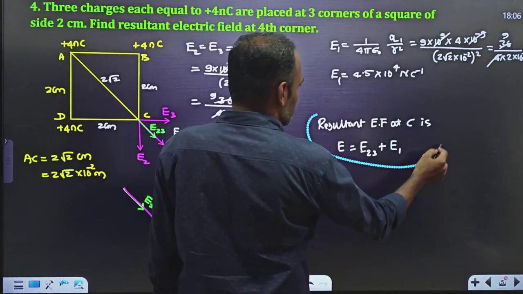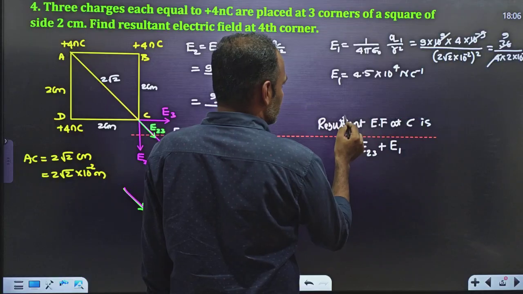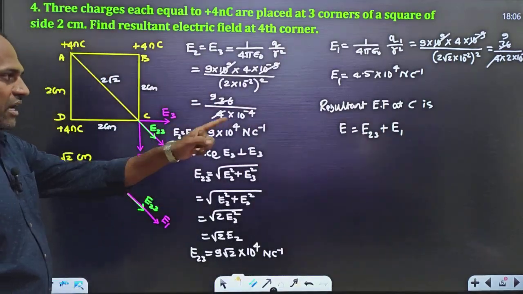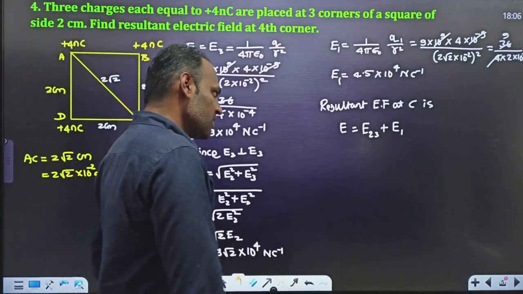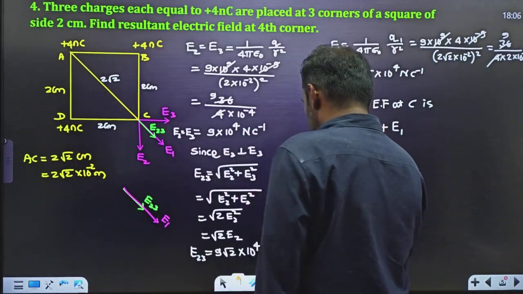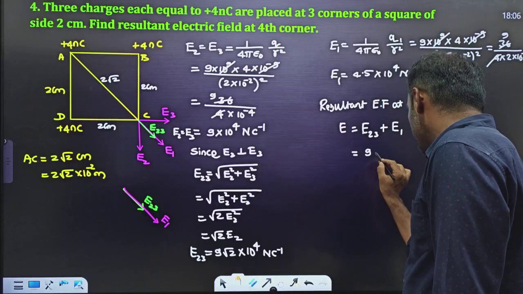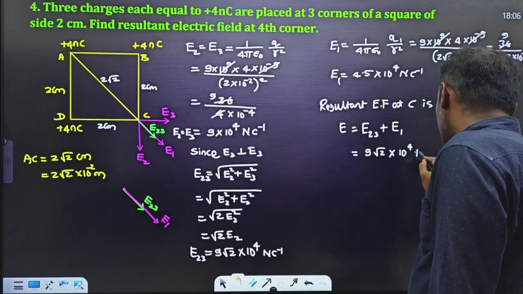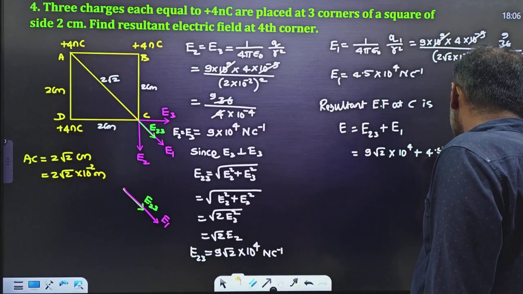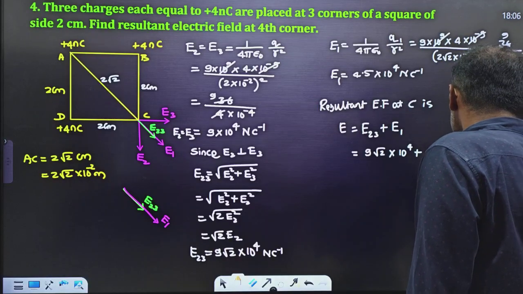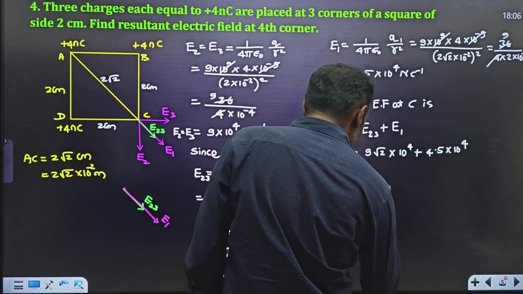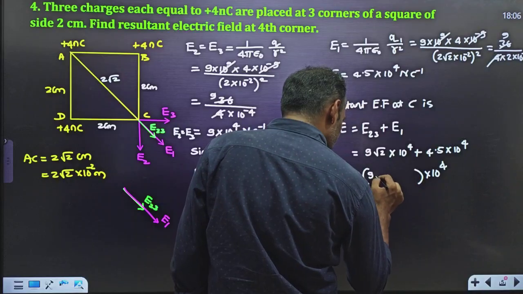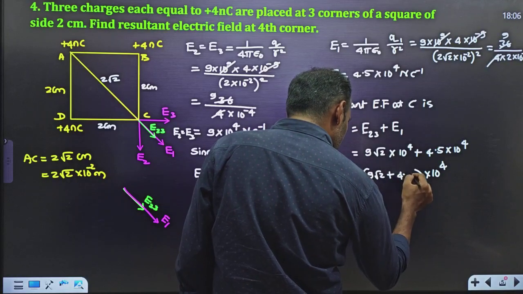Next, now let us calculate the resultant electric field at C. Since E23 and E1 are in the same direction, we have to add them. How much is E23? E23 is 9 root 2 into 10 to the power plus 4. E1 is 4.5 into 10 to the power plus 4. Correct? So we take 10 to the power plus 4 common, and we get 9 root 2 plus 4.5.